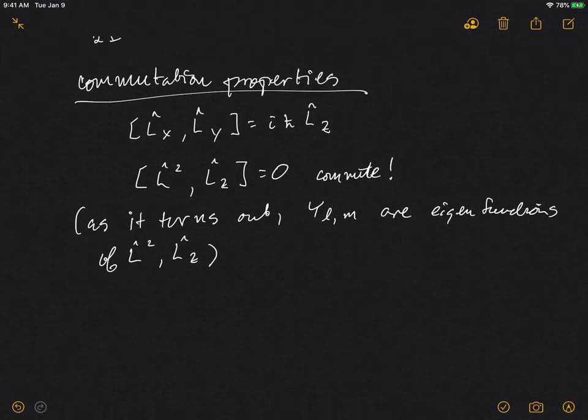And that's hinted at by the fact that L squared and Lz commute. Or rather, the fact that they're eigenfunctions would dictate that they must commute, and they do. Okay, let's look at the eigenvalues of those operators. Actually, let's go ahead and stop this lecture now, and next lecture we'll talk about eigenvalues of the L squared and Lz operator.